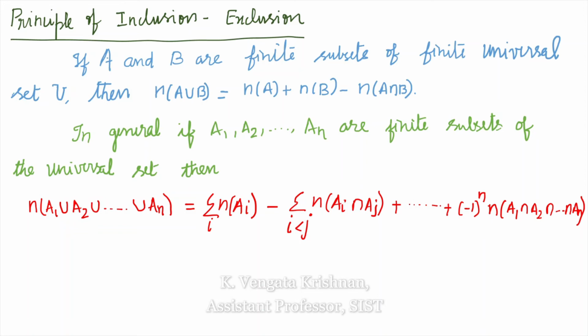In general, if you have n finite subsets of a finite universal set U, then n of A1 union A2 union etc. union An is equal to n of A1 plus n of A2 plus n of A3 plus etc. n of An, minus n of A1 intersection A2, minus n of A1 intersection A3, minus etc., n of A1 intersection An, minus n of A2 intersection A3, minus n of A2 intersection A4, etc., minus n of A2 intersection An, and so on.